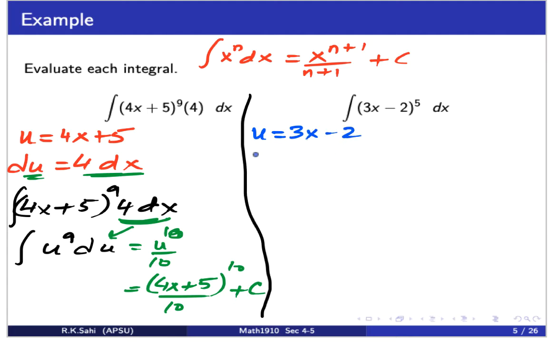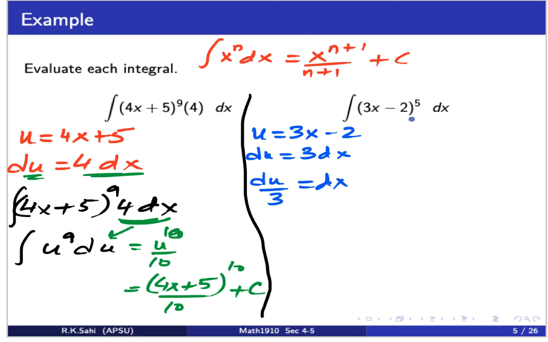Okay, the next step, d of u. d of u is what? 3 dx. Then we go to the original problem. We say, oh, I have a dx, but I don't have a 3. So replace your dx, take the 3 out of it and say du over 3 is dx.